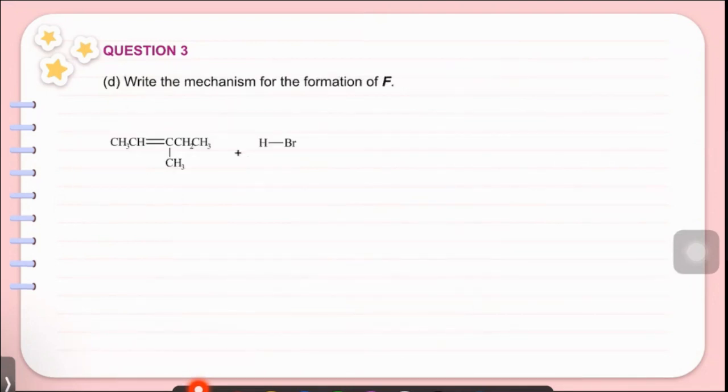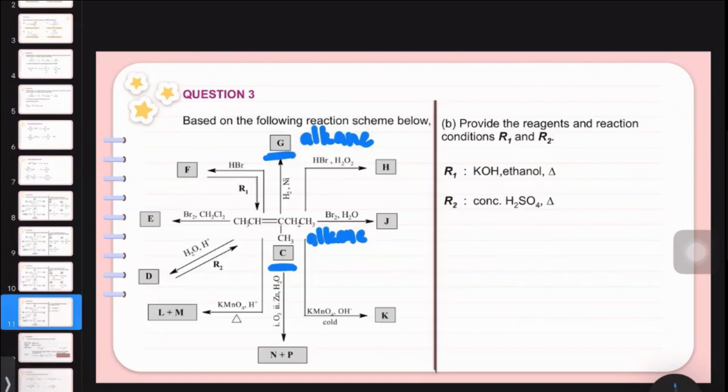And then the last question, number 3D, write the mechanism for the formation of F. So F, okay, kita tengok for the formation of F. So F adalah haloalkane.